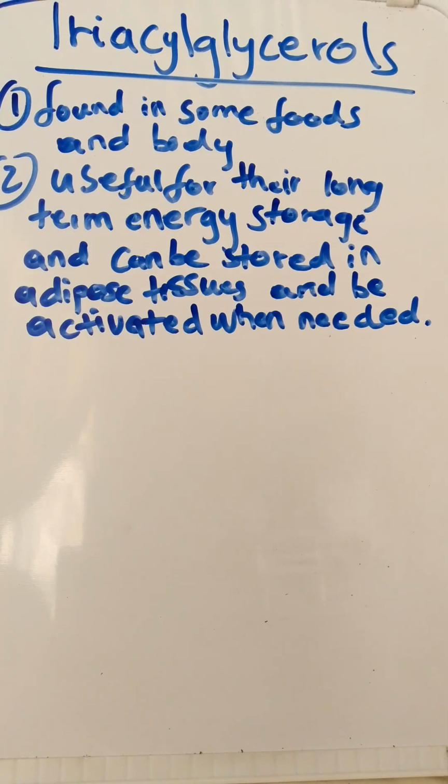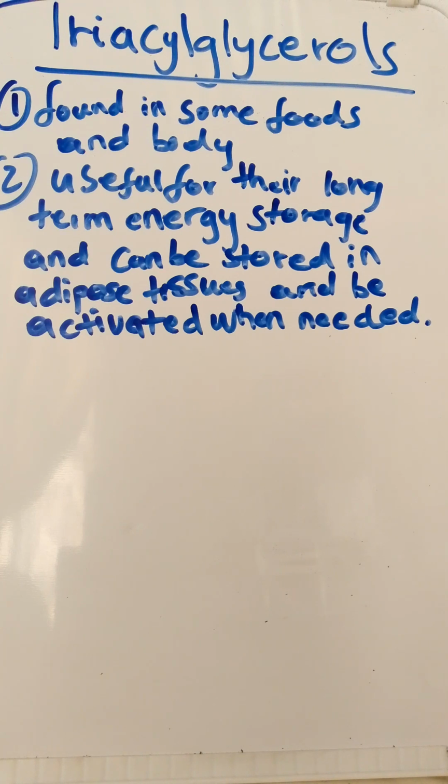So how are these triacylglycerols being formed? So the triacylglycerols are being formed from the glycerol esterified or combined with 3 fatty acids, which can vary in length and the degree of saturation.